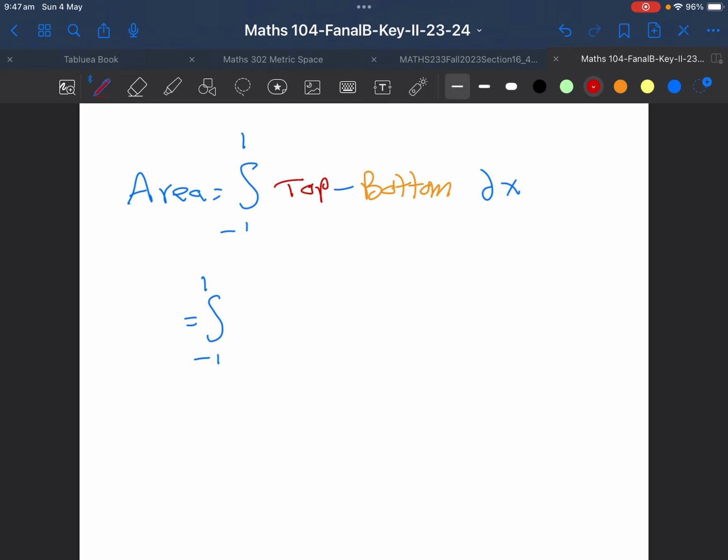The top function is 6 minus 2x squared, and the orange function is y equal to 4, so just rewrite 4 dx. This integral can be simplified: 6 minus 4 is 2, so we have 2 minus 2x squared dx.